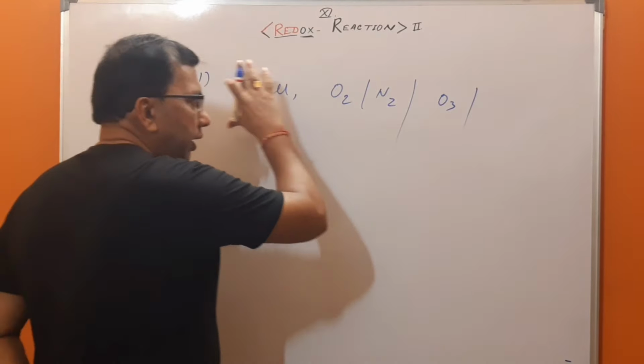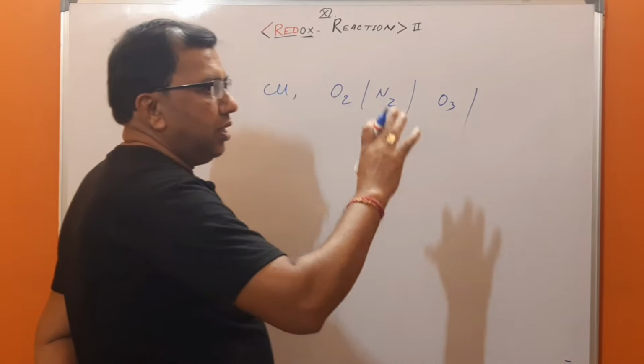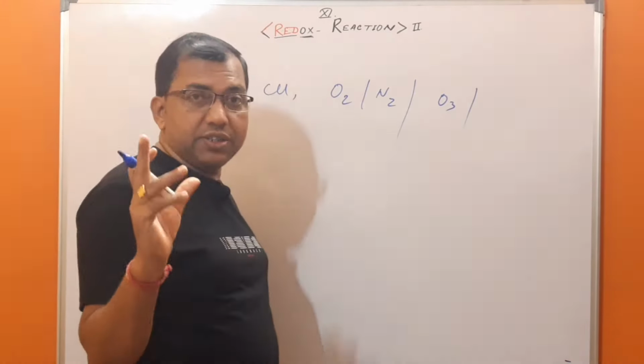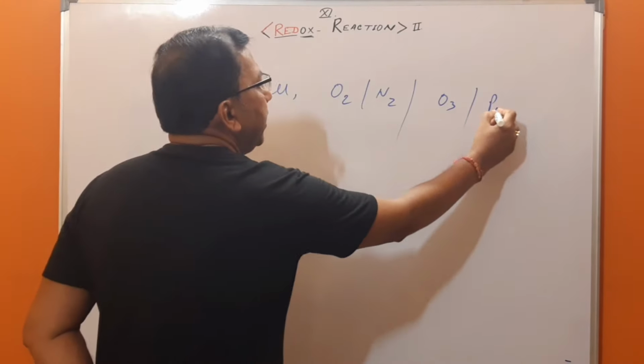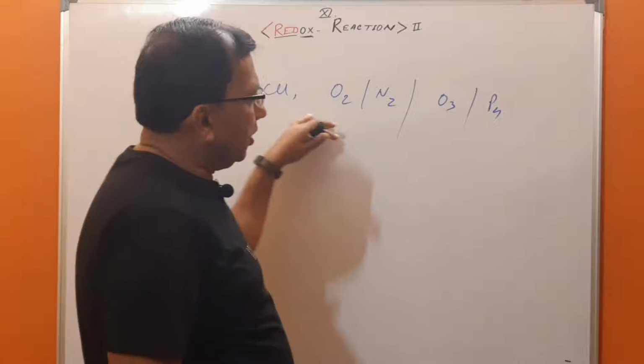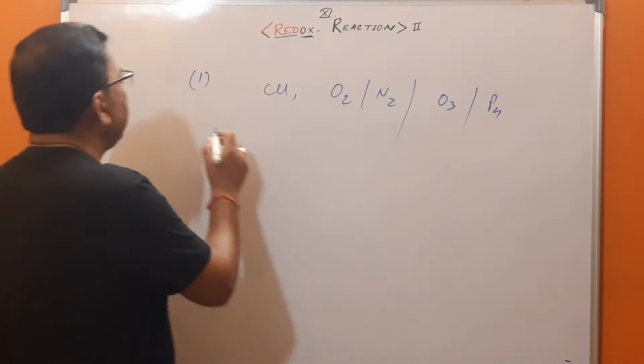Phosphorus P4, F, anything, whatever, in elementary state, the oxidation number of the element will be 0. First rule. Clear?